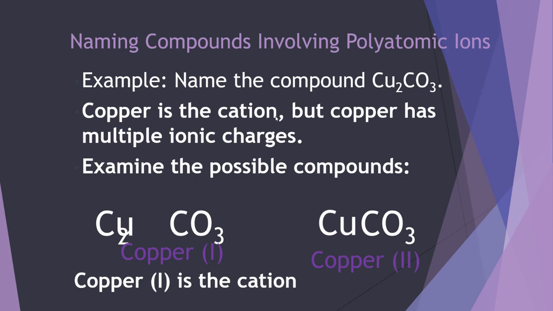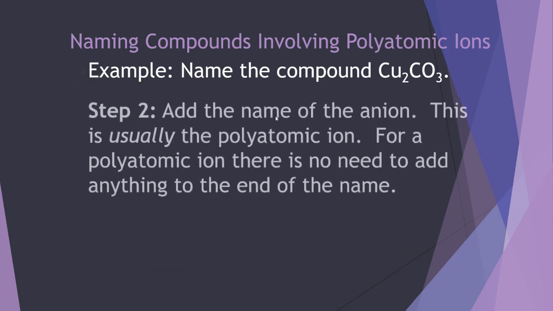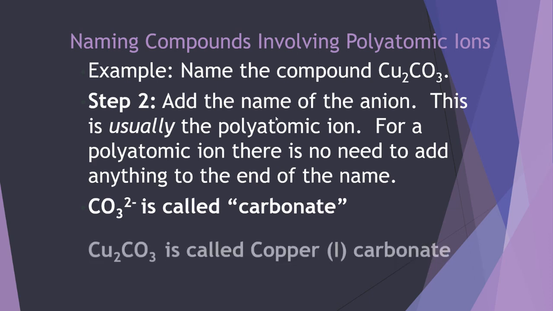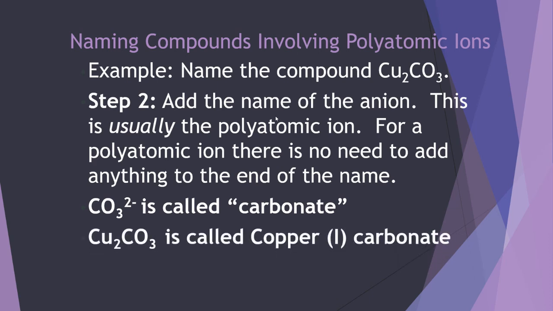So in this case, copper 1 is the cation that we're looking for. Step 2, add the name of the anion. This is usually the polyatomic ion. For a polyatomic ion, there's no need to add anything to the end of the name. So CO3 with a negative 2 charge is called carbonate. So in this case, Cu2CO3 is called copper, parentheses, Roman numeral 1, carbonate.